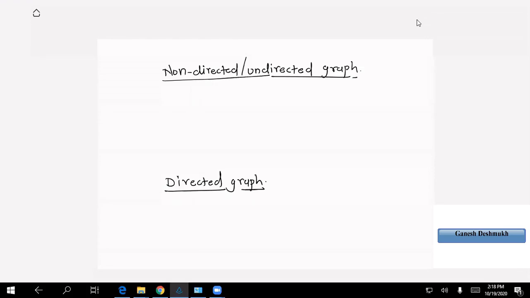Now let us move to the next concept, non-directed or undirected graph and directed graph. What is a non-directed or undirected graph?